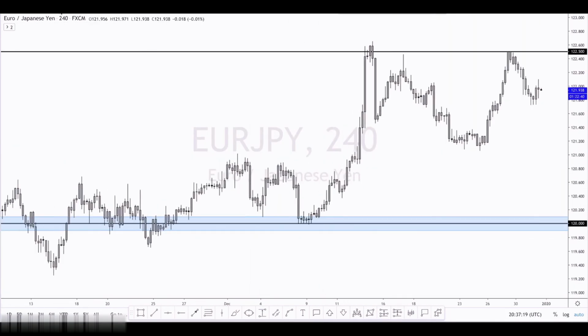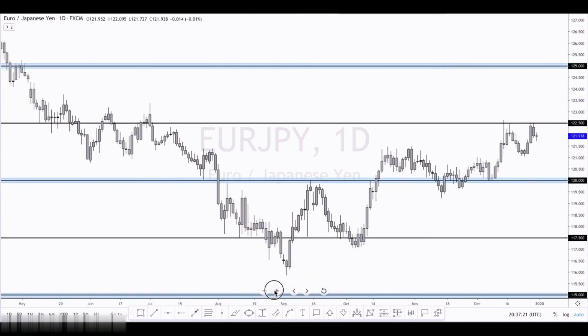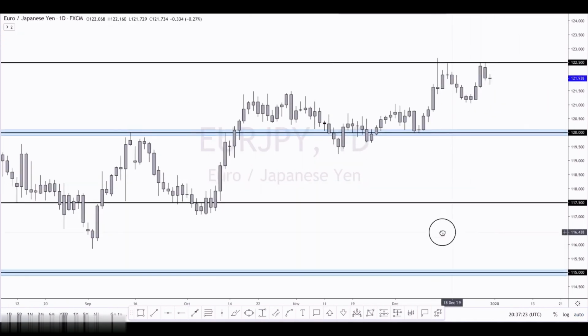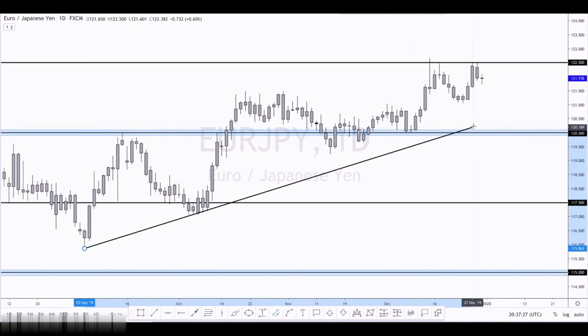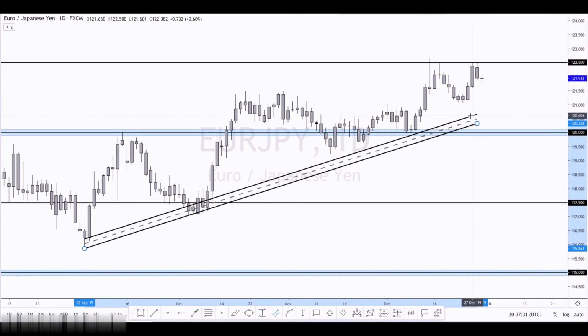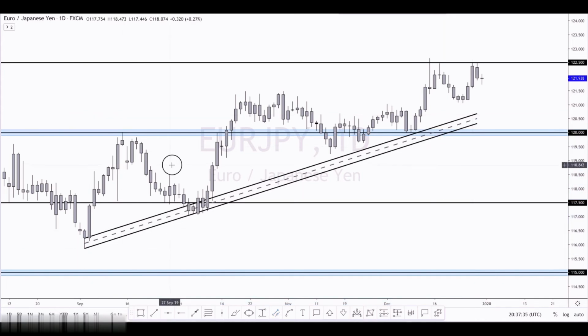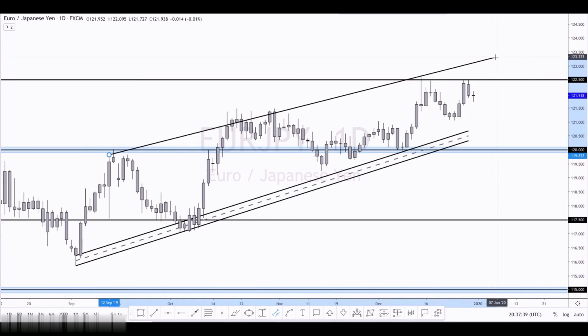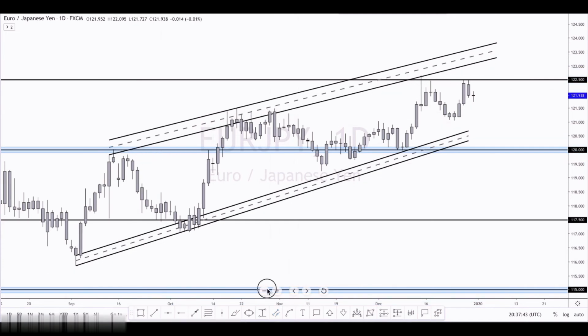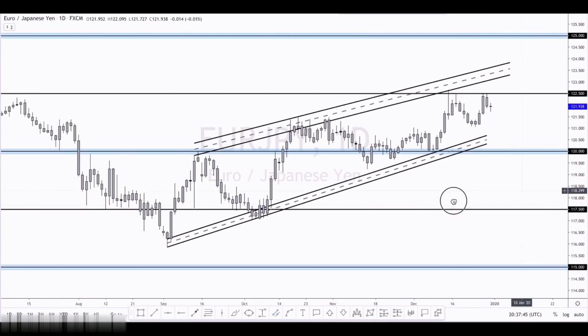So even with euro yen, just finding another example here. With euro yen, it's another scenario where we had this region here, but if we drag it up just to the candle body, so you see the body to the tail, then you can see we've got that area on UJ where we're looking at it and we can see that this is in a bullish channel.